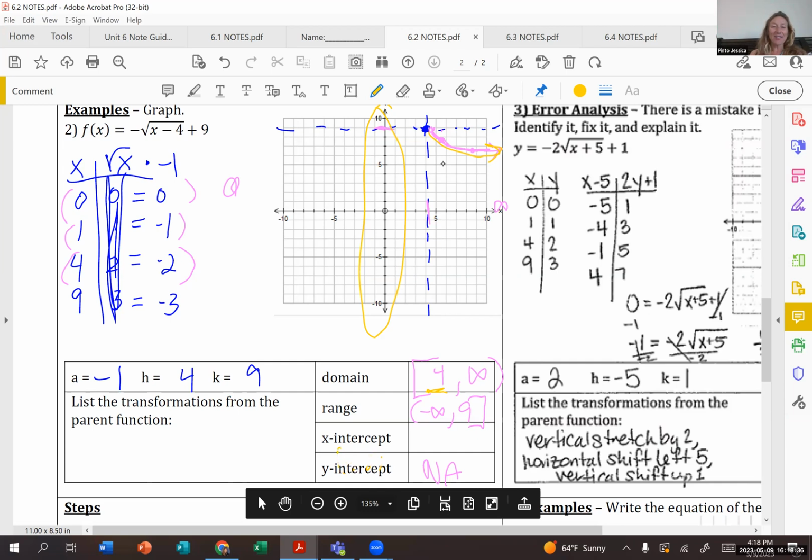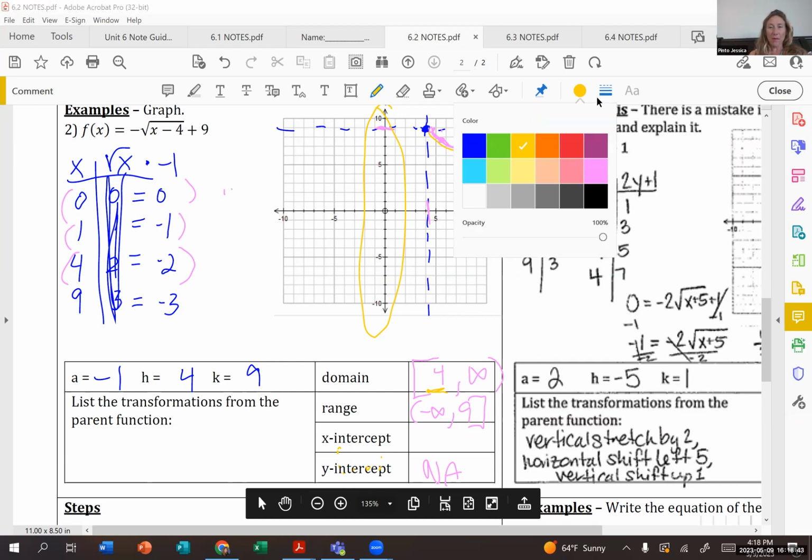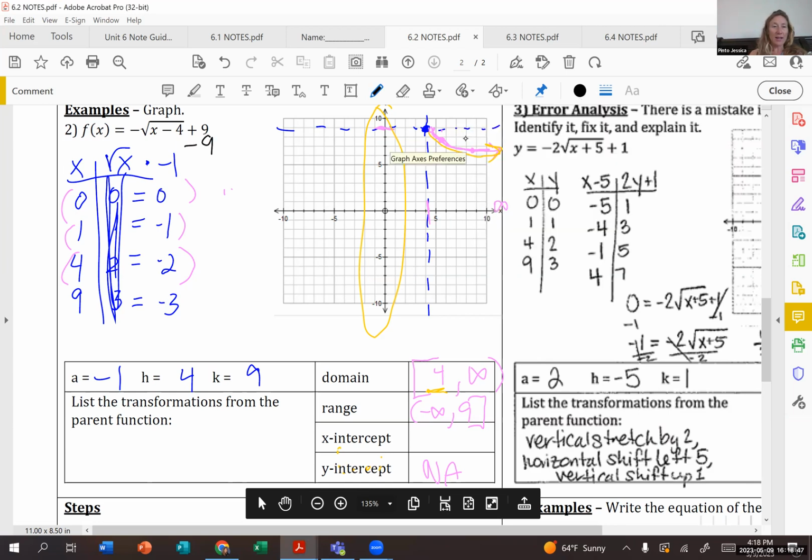Anyway, to find the x-intercept, we do the same work that we did previously. I'm going to isolate the radical. So I'm going to subtract 9. I've pretended that this is 0 minus 9. Then I divide by -1, which is great, because remember, we can't have the square root equal to a negative, but looking at this, it does look like eventually it will cross the x-axis.